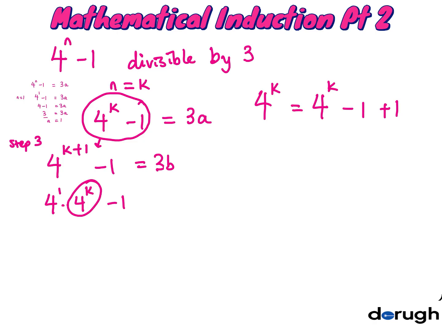I have tried to bring in the minus 1 that I need to be able to relate the step 3 to the step 2. I brought in this minus 1. Obviously, minus 1 plus 1 is 0, so 4 power k is equal to 4 power k. What I've done is I want to introduce that minus 1. So now I will remove this 4 power k that I have here and I'll replace it with this.